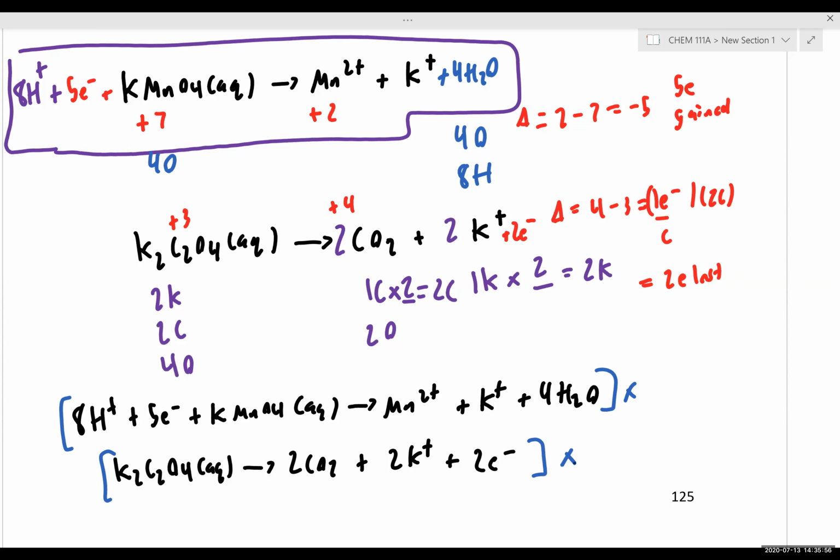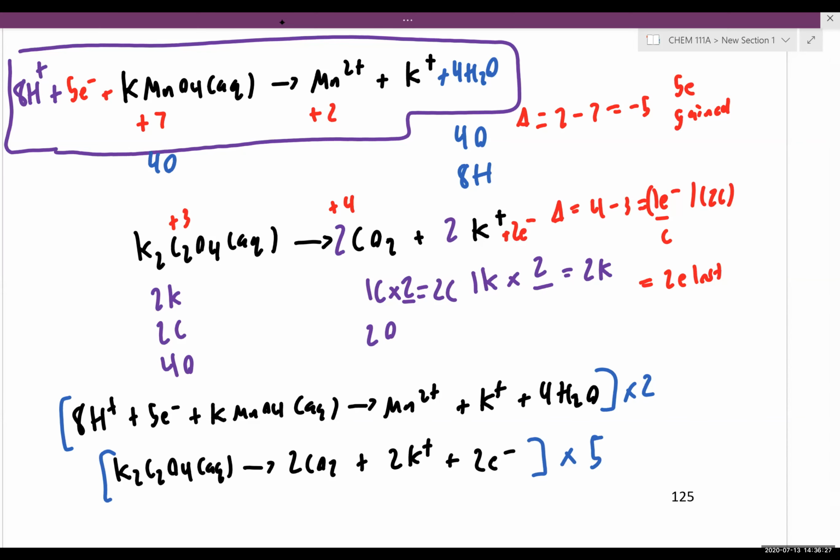What's the common number of electrons gained and lost between both of these reactions? Don't be shy to type it in the chat or to unmute and provide your response verbally. 10 is exactly right. 5 times 2 would give us 10. So we're going to multiply each of our equations and then add them together.